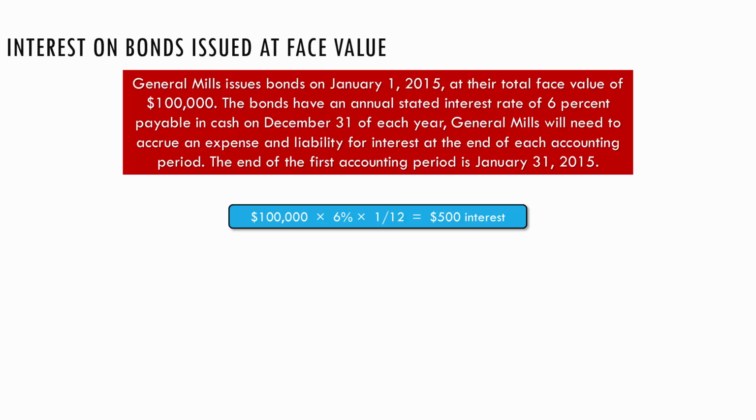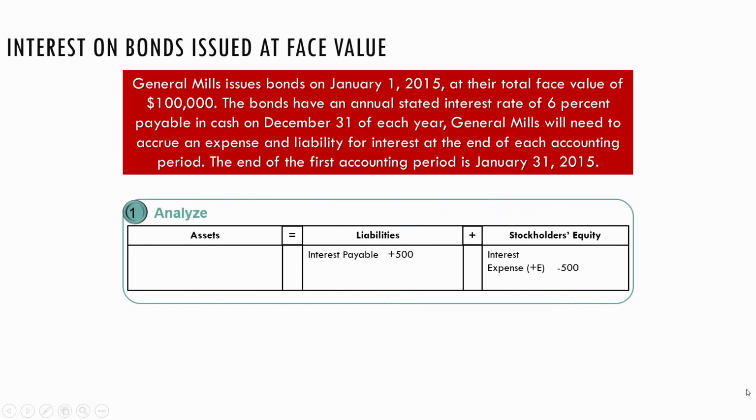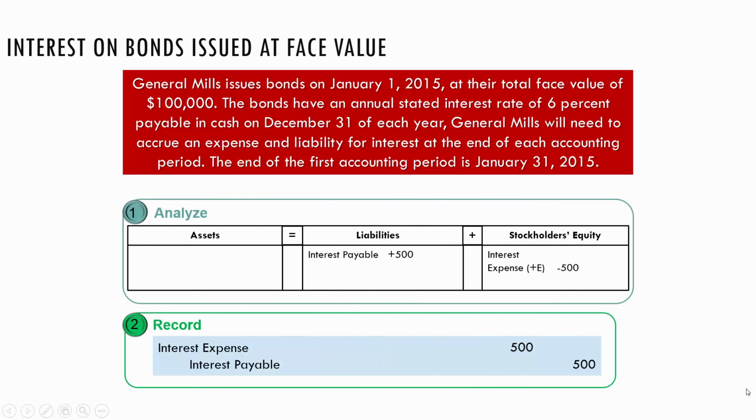Now, if we have interest, we are going to calculate the interest again, and we're going to look at the number of months that have passed. So if we were to do our financial statements after just 1 month, technically we should be recording our interest expense and interest payable for that 1 month. And that is going to be calculated as the amount for that 1 month of $500.